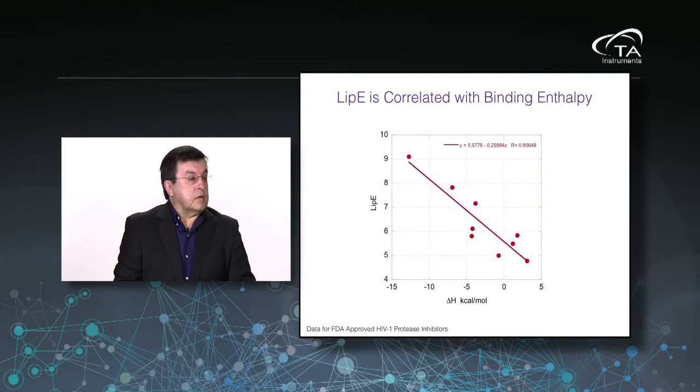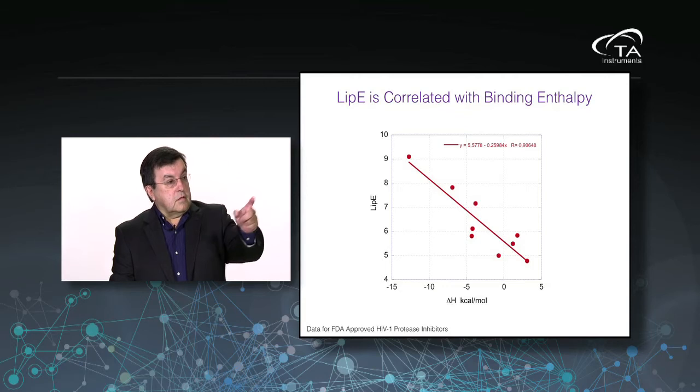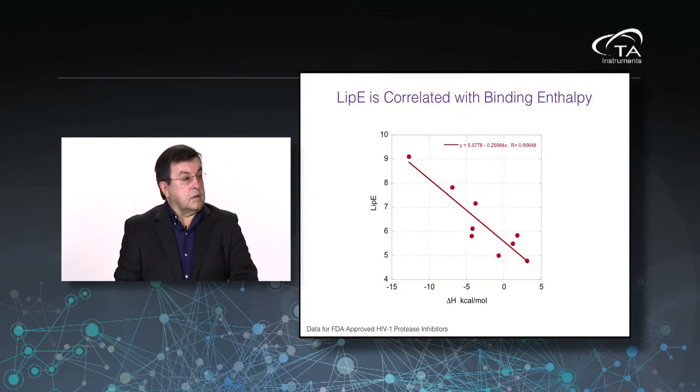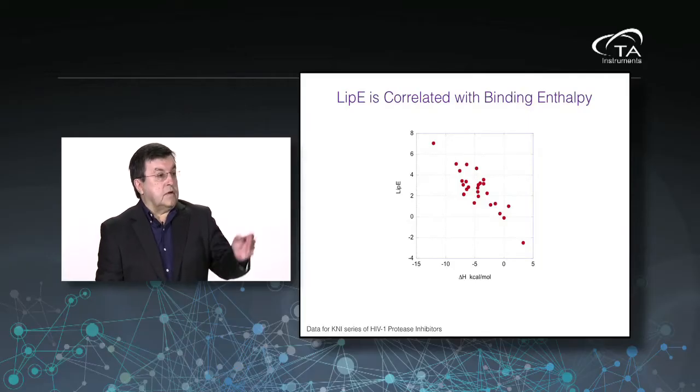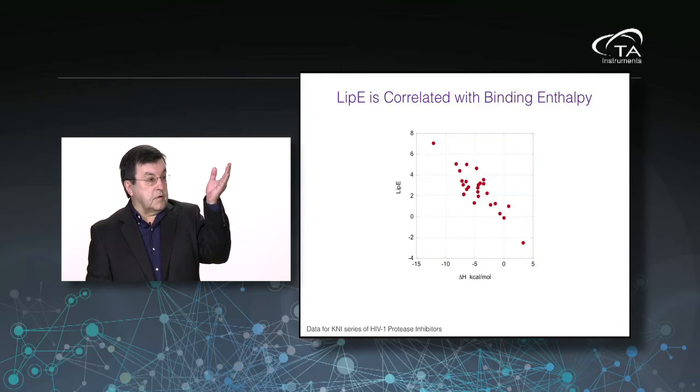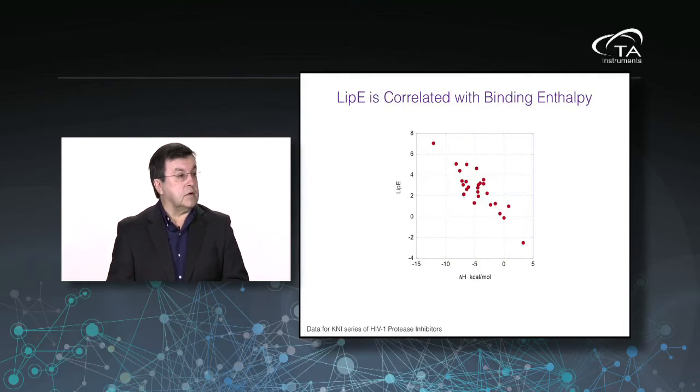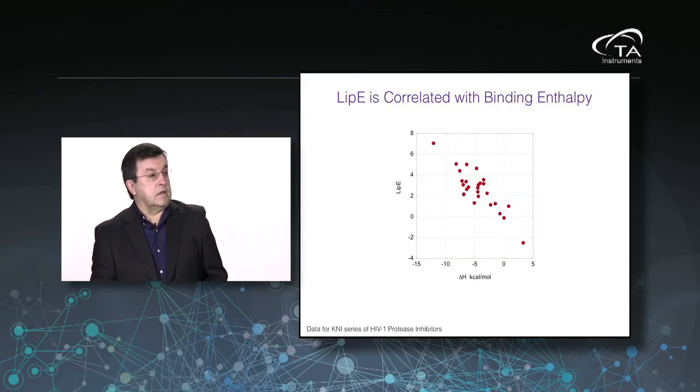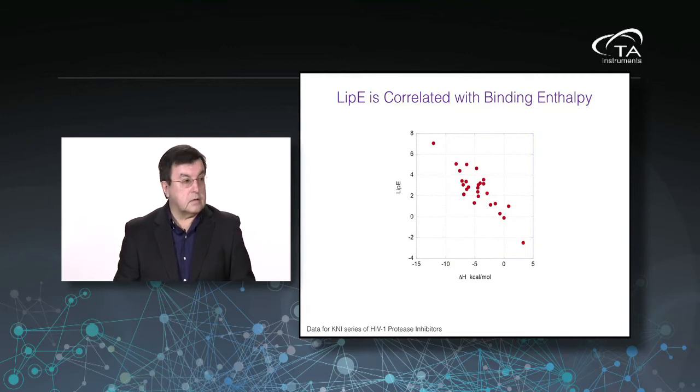For example, if we calculate the LipE for all the protease inhibitors, we see that they are very nicely correlated with the enthalpy. The same for the statins, and the same for a series of compounds from the same chemical scaffold that is being optimized. LipE and delta H are correlated.